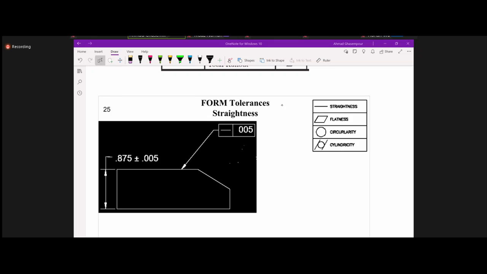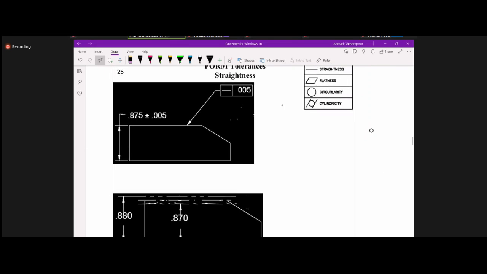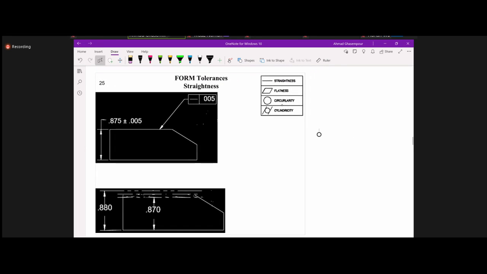So what does it actually mean? What it means is, for example, in this drawing, you have a part, and there's a straightness of 0.005 inches or 5 thou indicated on that surface, right?